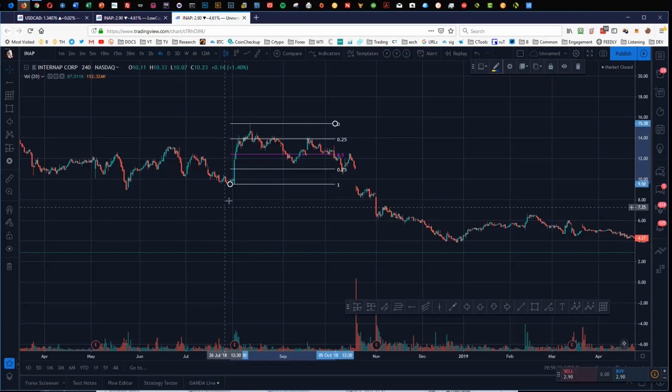So this impulse move was flagging that it wanted to get to this point, but based on what's happened with the historical action of this chart, and we'll talk about this, it's pretty obvious that it didn't want to go there.